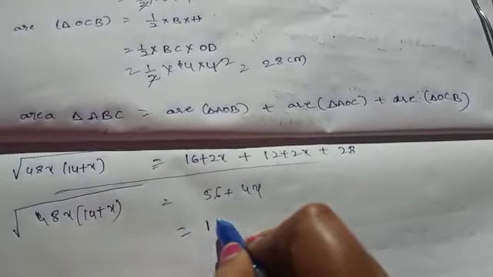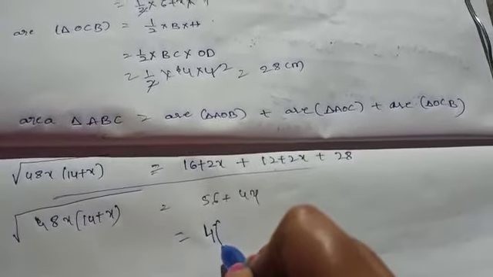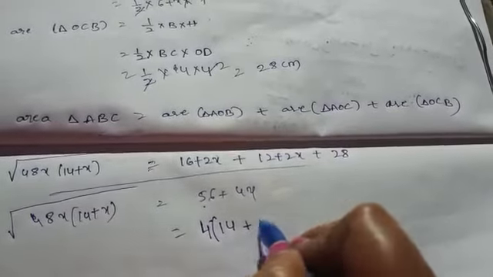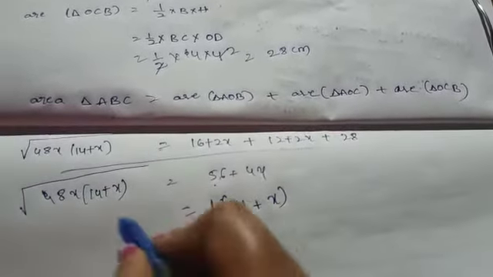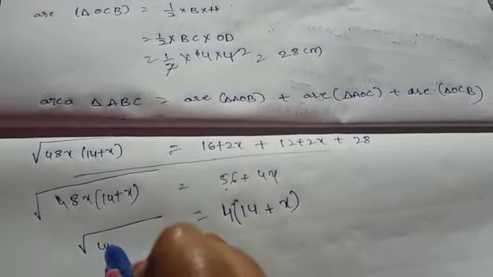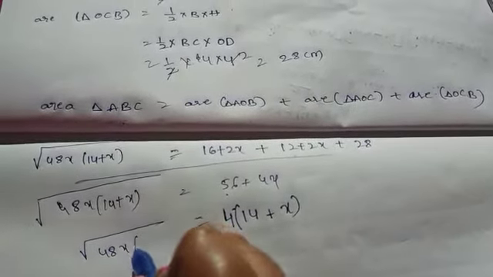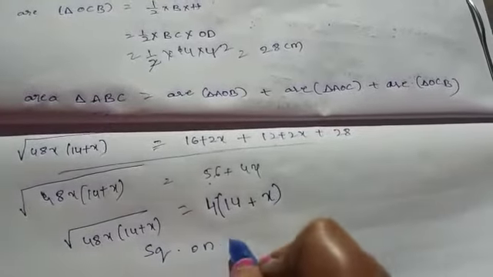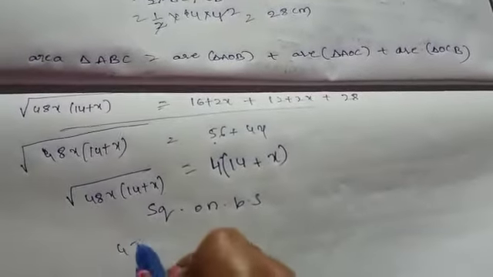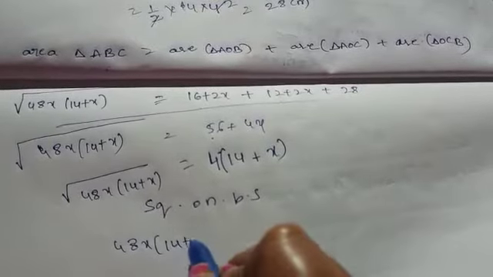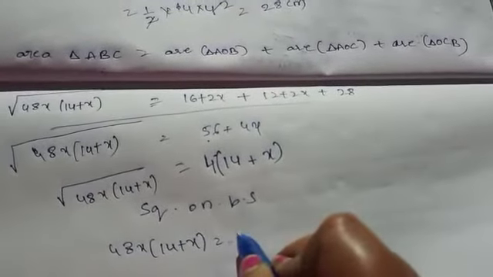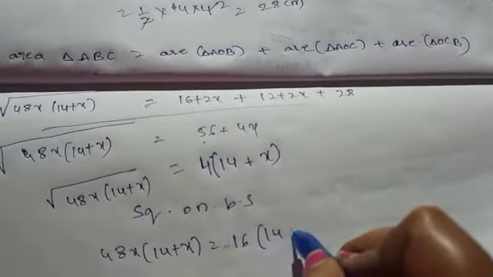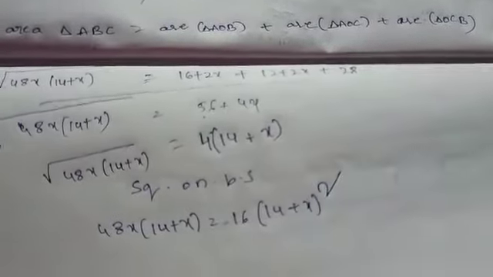Here 4 is common, 4 14s are 56, plus x. Root over 48x into 14 plus x. Squaring on both sides. 48x into 14 plus x equal to 4 square is 16, into 14 plus x whole square.